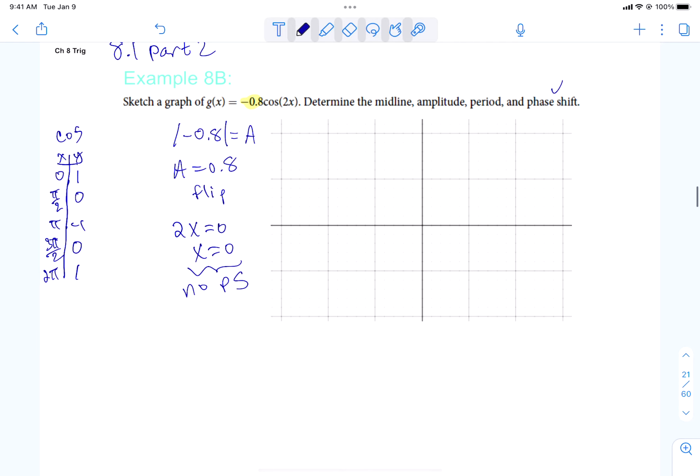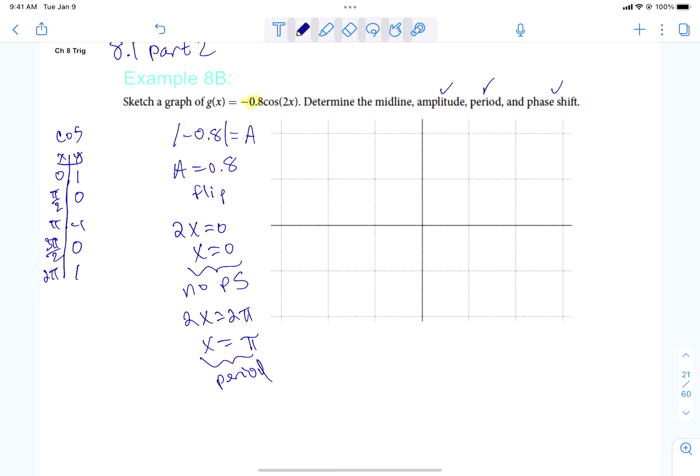So we've done this part and we've done that. Let's talk about the period. The period, you set your parentheses equal to 2 pi and you solve for x. So that's going to be pi, that's our period. That means this graph got kind of smushed a little bit, and so it finishes a wave in a pi instead of stretched out to a 2 pi.